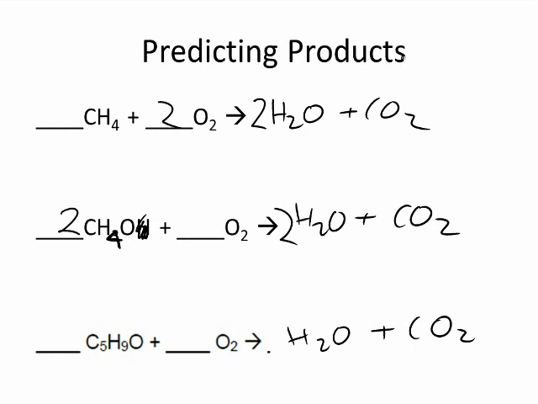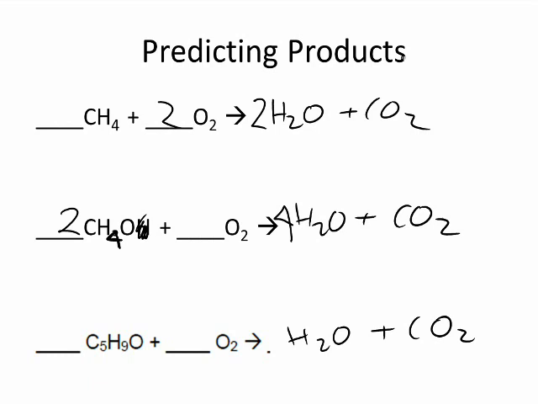But if I put a 2 there, the hydrogens come out to be 8 hydrogens on the left and 4 hydrogens on the right. So I'm going to have to put a 4 here. So that makes it 8 hydrogens on the right, 8 hydrogens on the left, 2 carbons on the left.